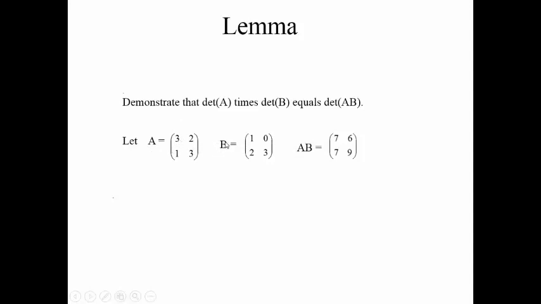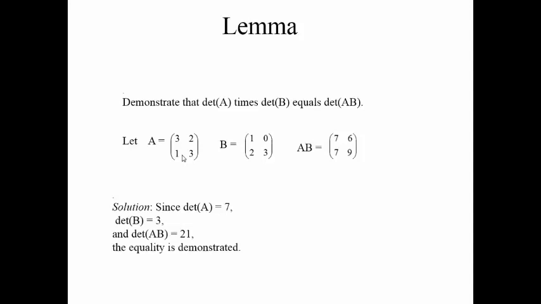So it's 3 times 1 plus 2 times 2 is 4. So it's 3 plus 4 is 7, and then you do the rest of this and get that matrix. And now we can look at the determinant of A, which is 9 minus 2, which is 7. The determinant of B is 3, and the determinant of AB is 21. And this demonstrates, it doesn't prove, but it demonstrates the equality.